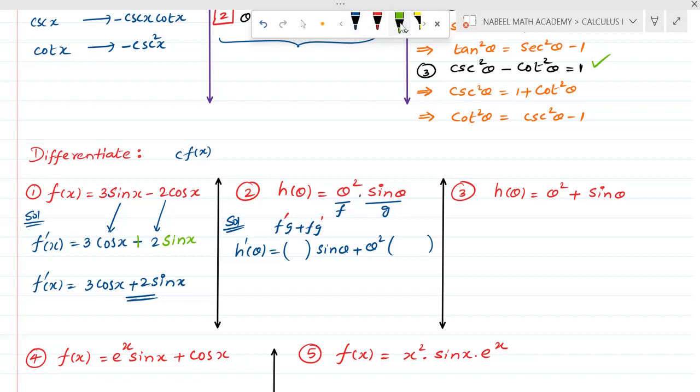What is the derivative of f? This is 2 theta. Here the variable is theta, you can assume it as x. Now sine theta differentiation is cosine theta, and then h prime of theta is equal to 2 theta sine theta plus theta square cosine theta. So this is the final answer.